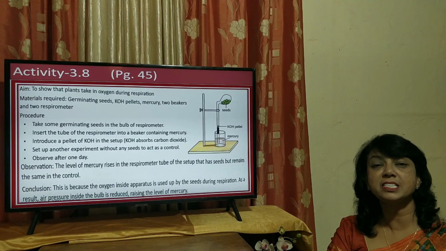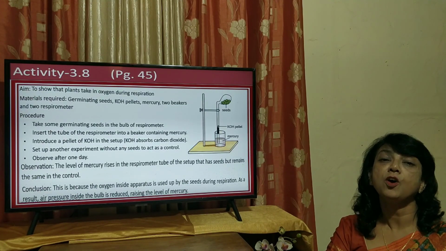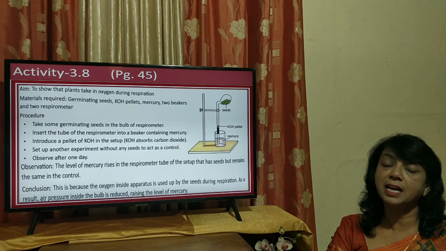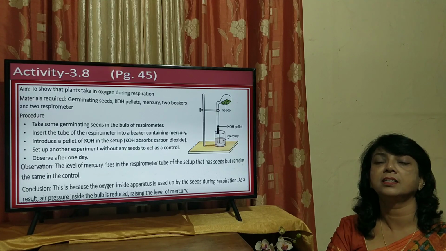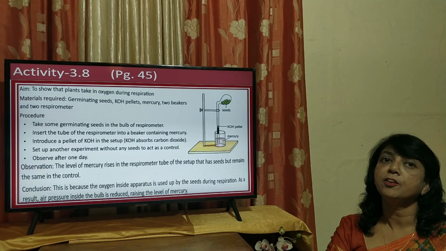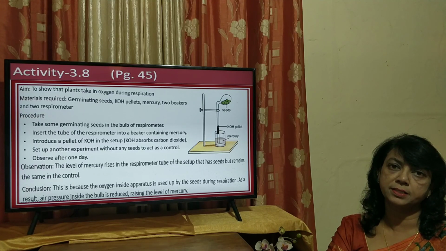So we have revised the process of respiration, and we have also studied the external and internal factors that are necessary for respiration, and how they affect a plant.